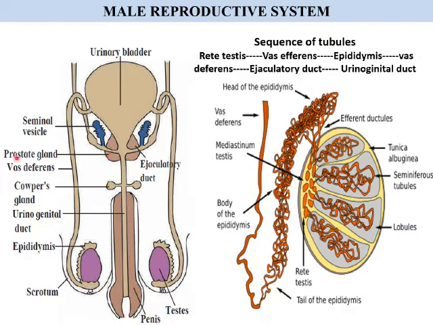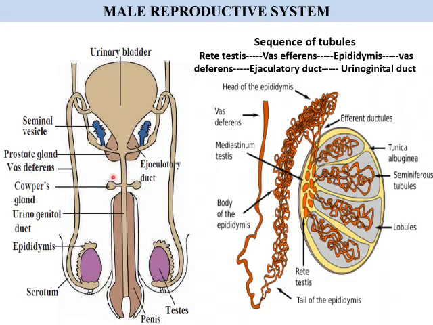We have one single gland called the prostate gland. Then we have another pair of glands called Cowper's glands, also called bulbourethral glands, present below the prostate gland. The function of the Cowper's glands is to add fluid or its secretion during ejaculation.